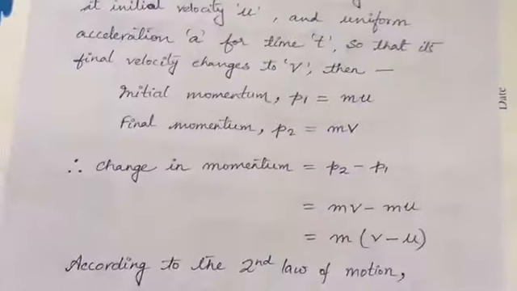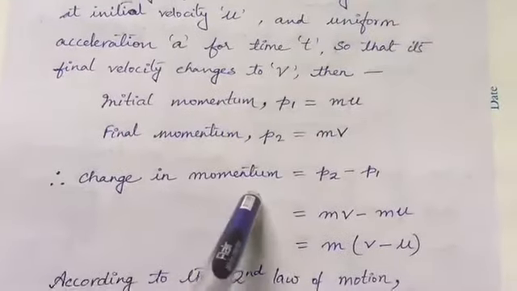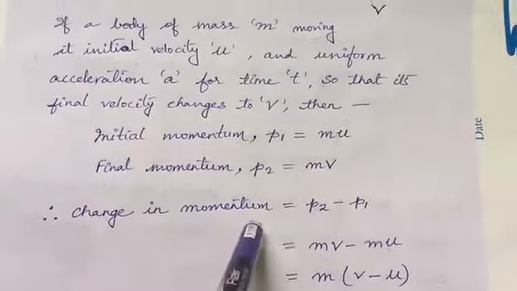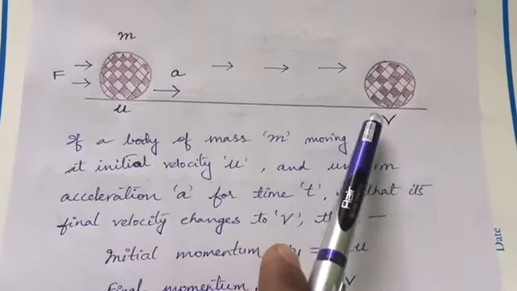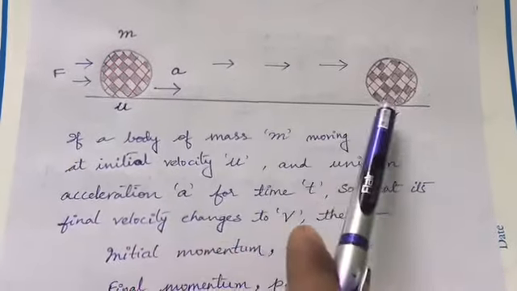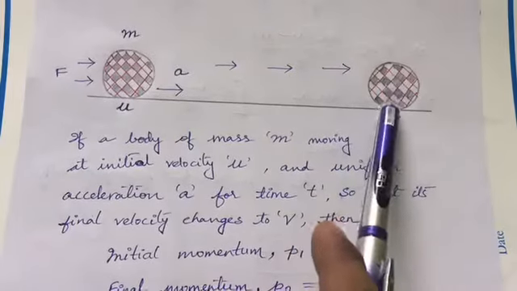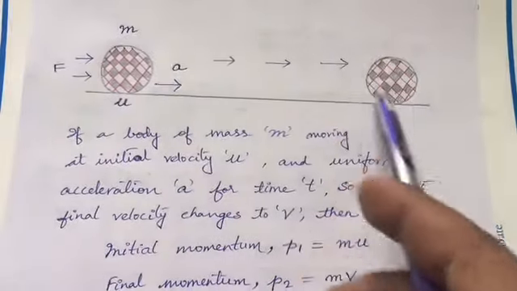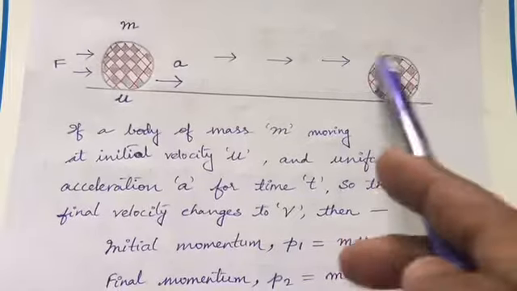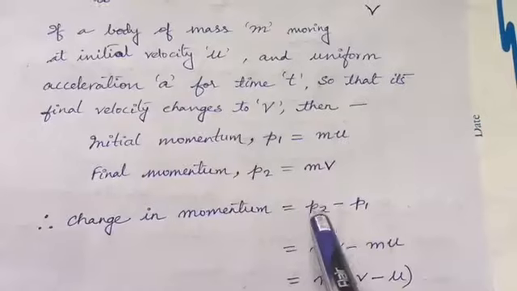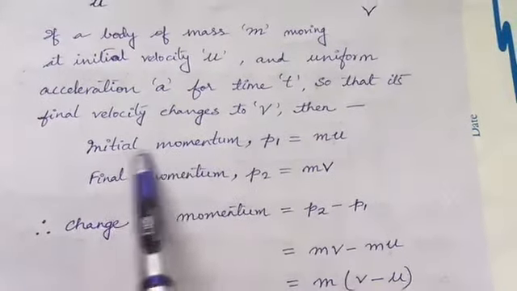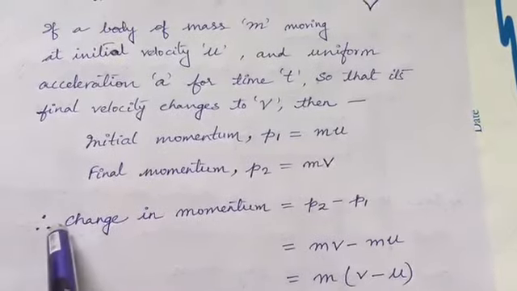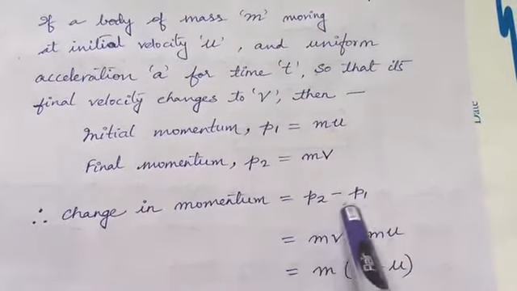Now the change in momentum. From this position to this position, we have to do subtraction: the final momentum minus the initial momentum. The change in momentum is p2 minus p1.